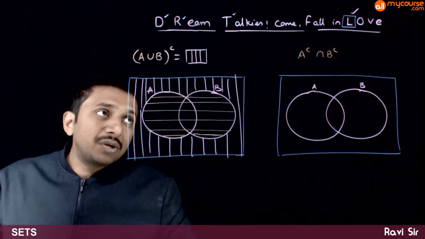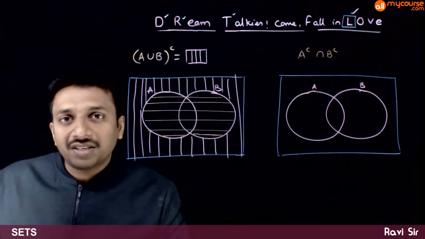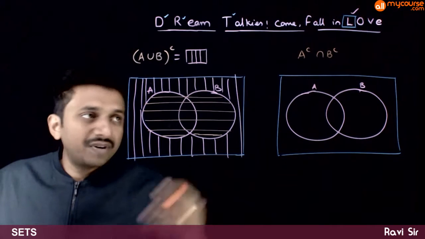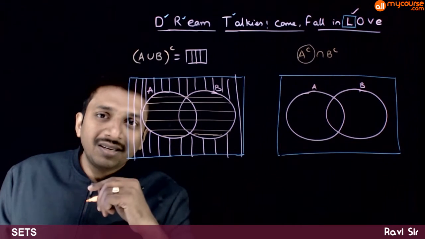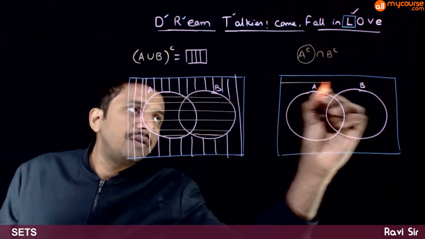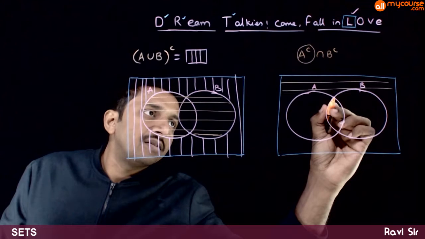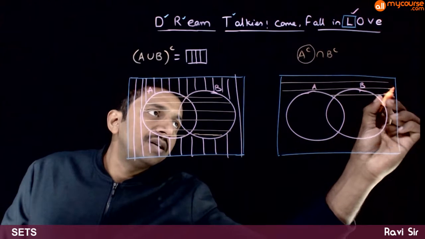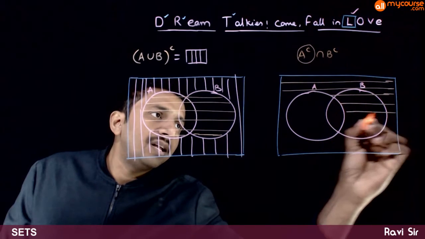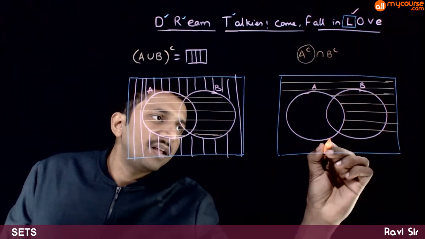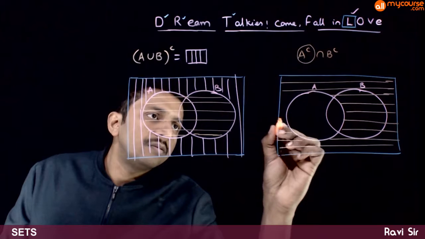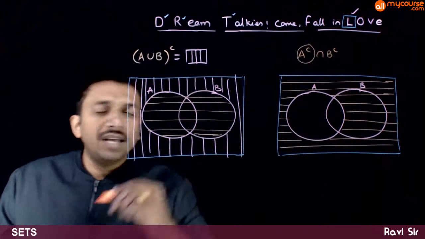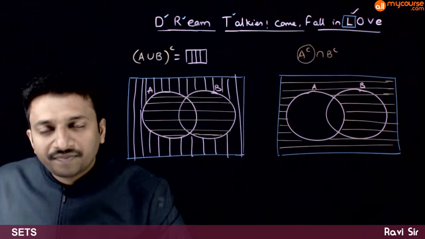Now let us go to the region A complement intersection B complement. First, let us draw A complement. A complement is all the region except A. So this is my A complement.